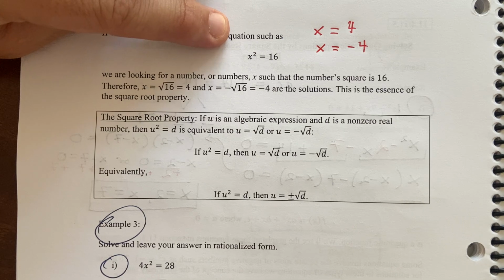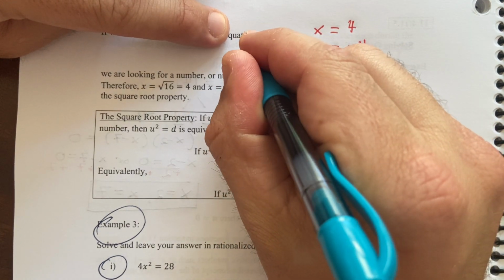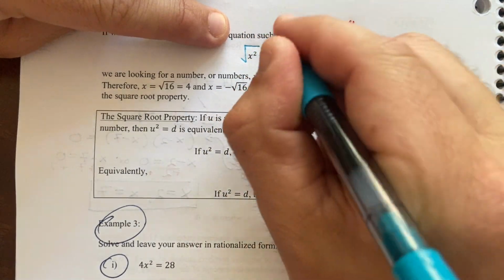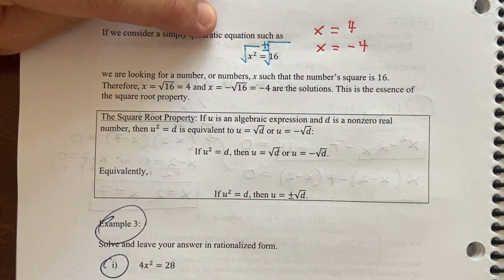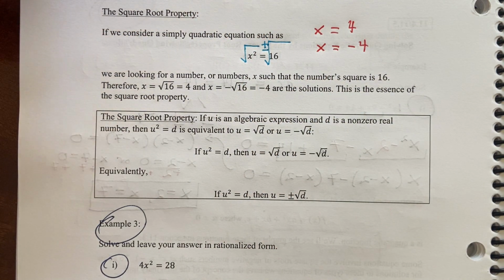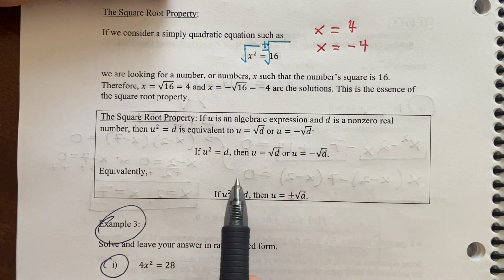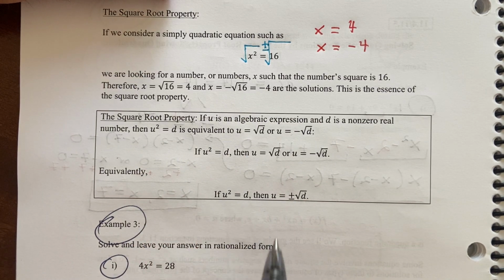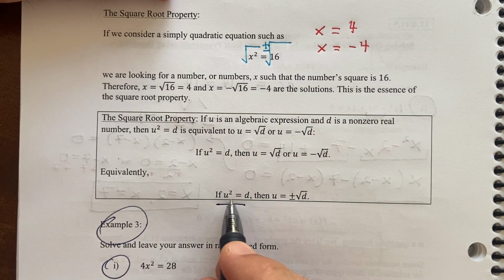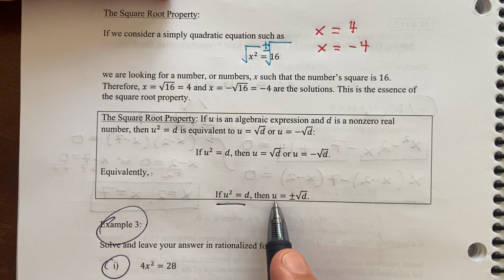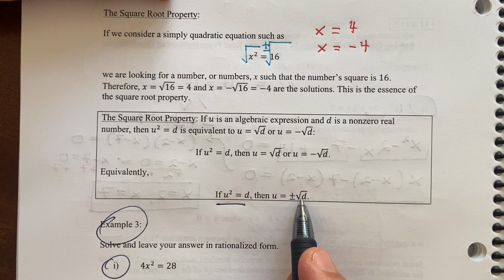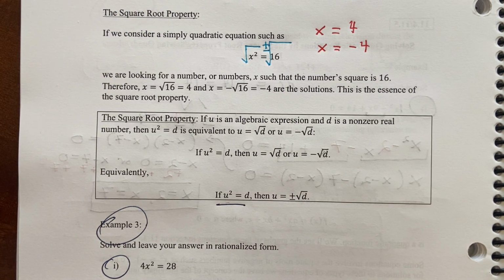So when we make our algebraic move of applying a square root, we need to make sure that we use plus and minus on the side with the number, or else we're going to miss one of our answers. Okay, so that's what this is saying down here. If you have u squared equals a number d, then u equals plus and minus the square root of d, not just plus the square root of d.